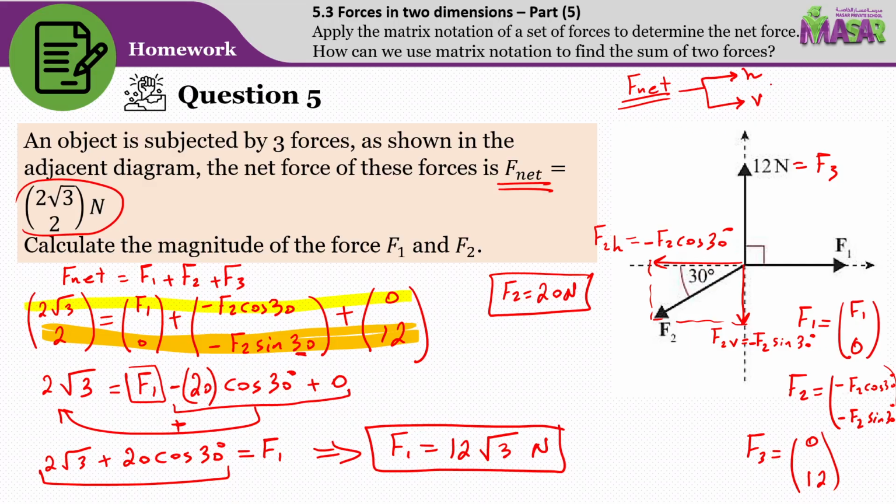You should expect to get 2 radical 3 according to the assumption, and 2 as a resultant for the summation of all forces along the horizontal and the summation of all forces along the vertical. Remember, this is just extra work. You can do it to evaluate your work or to double check your work.